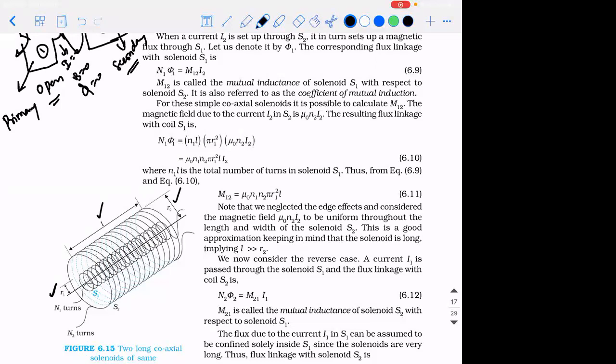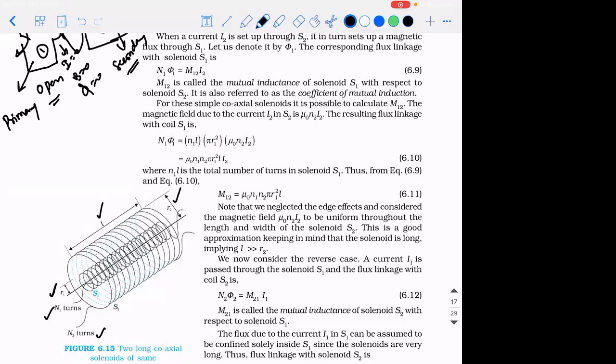The inner one is called S1 and the outer one is called S2. S1 has N1 turns and S2 has N2 turns. Any doubt till here?